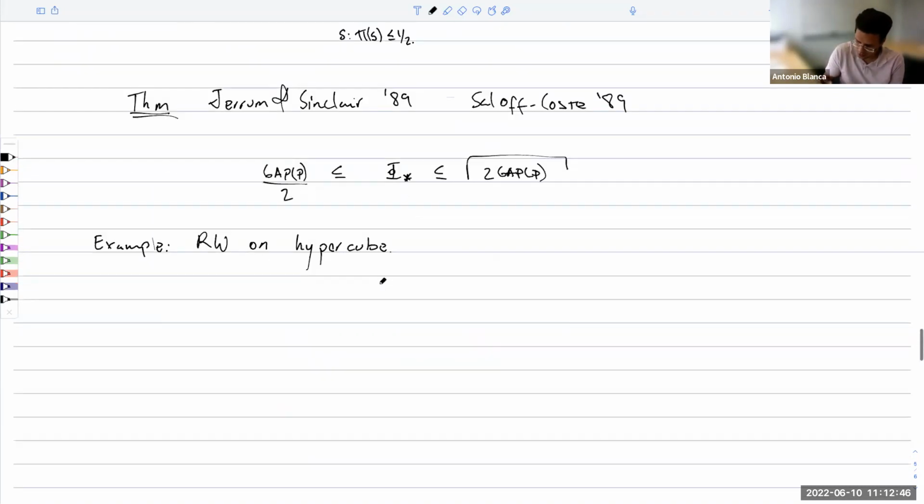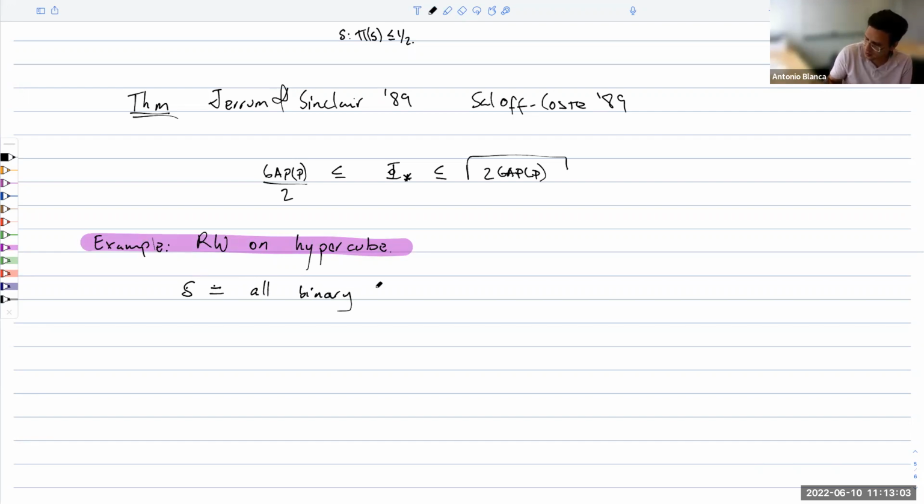So one candidate here that I'm going to propose is to consider the set of all binary strings that start with 1.